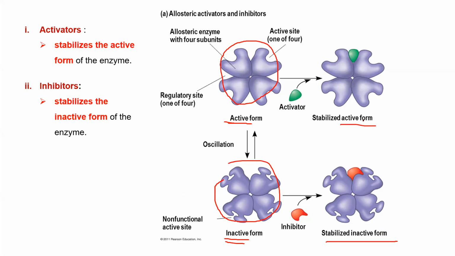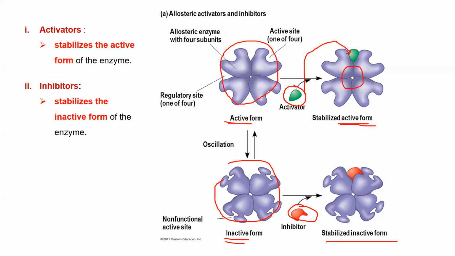In order to stabilize the active form or the inactive form of the enzyme, the enzyme only requires 1 molecule of activator or 1 molecule of inhibitor. When 1 molecule of activator binds to one of the allosteric sites, it causes all of the subunits to be in the active form.